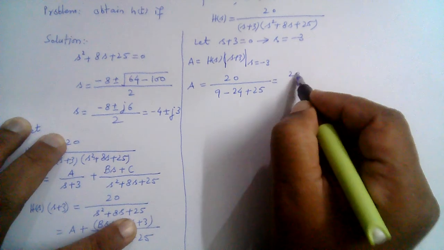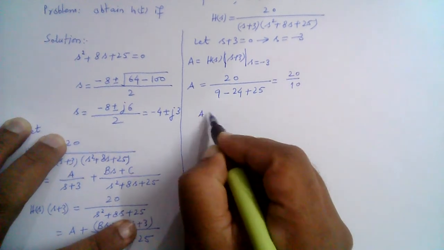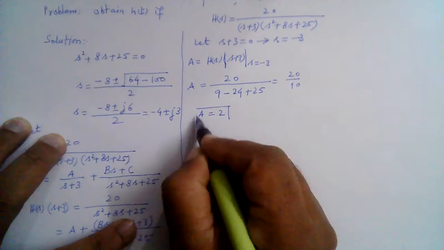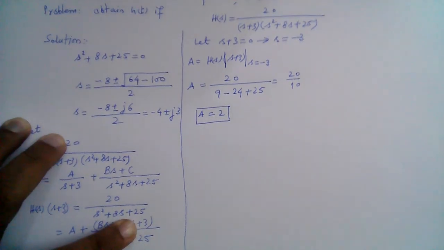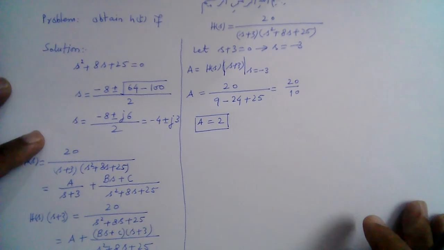So this is 20 over 10. So A is equal to 2, right? So we have found the value of A.